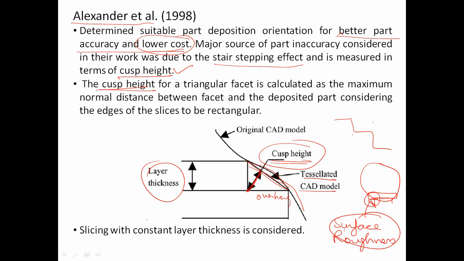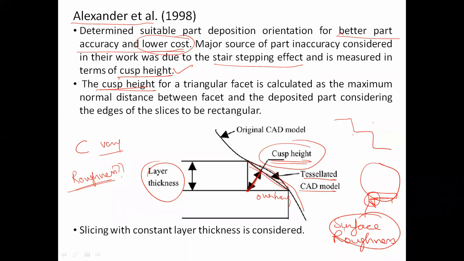Now, if you consider adaptive slicing, what basically happens is the cusp height C starts to vary. When it varies, it becomes very difficult to determine what the roughness will be for each section, because every time you need to do some calculations.